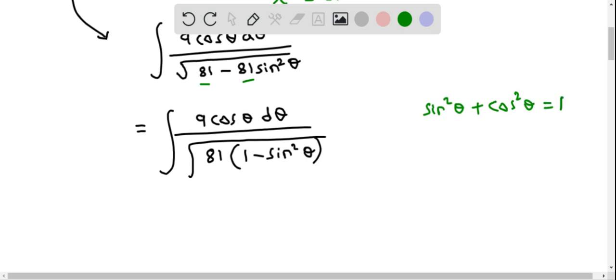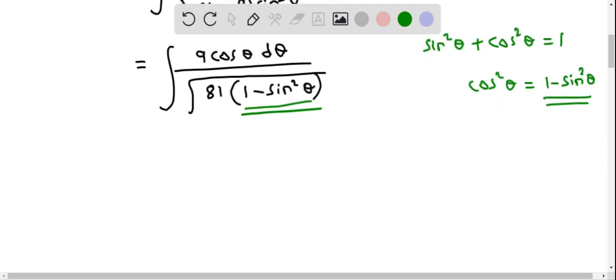When I subtract sine squared theta on both sides, I get cos squared theta equals 1 minus sine squared theta. Basically, it is an identity, that is 1 minus sine squared theta is identical to cos squared theta. So we are going to replace this 1 minus sine squared theta as cos squared theta in the next step. So let's simplify this.